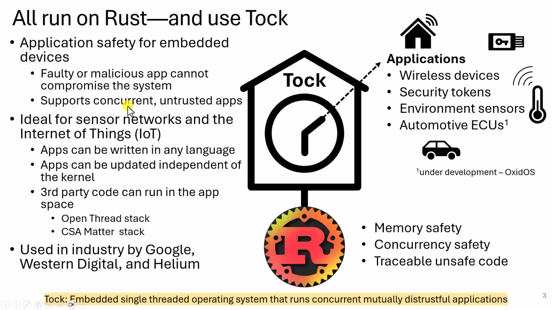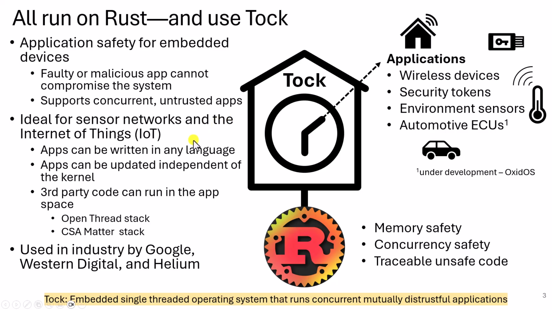It supports concurrent, untrusted applications running in user space and provides the security that the operating system won't fail if the applications do. And this sort of thing makes it ideal for sensor networks and the Internet of Things, because the operating system, which is Rust-based, doesn't require the applications to be written in Rust.